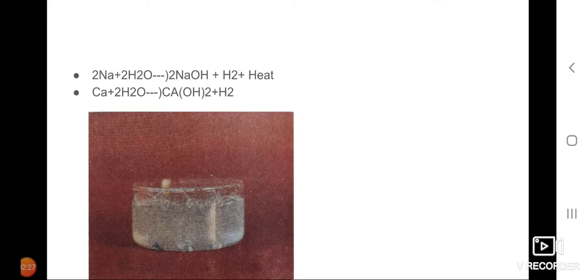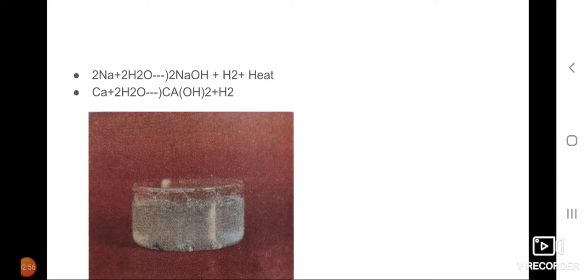Now see, why do we get a flame, or why does this reaction catch fire? Because the hydrogen which we get as a product is catching fire. That's why heat gets generated. Then calcium plus water. Now calcium, if you see in the reactivity series, is the third member.